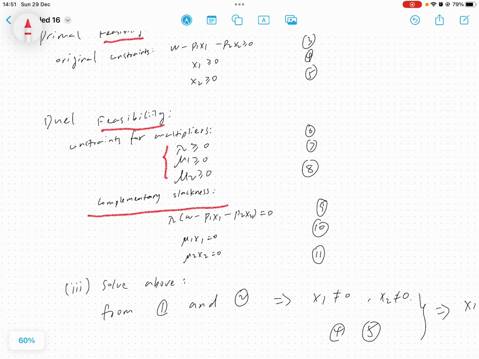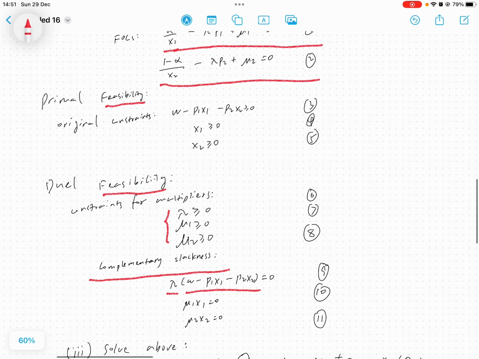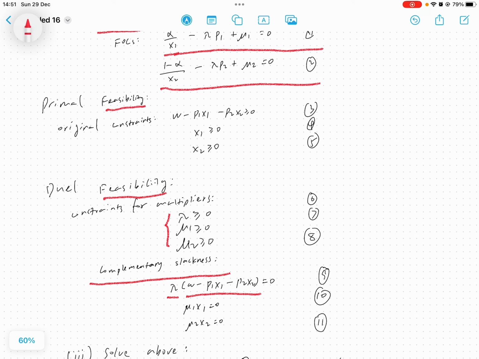If you want to have a further look at the theory of the Kuhn-Tucker conditions, or why we need those conditions, you might search for some information on that. Here we won't explain too much about that, but the intuition of complementary slackness is that we multiply those multipliers with the part in those primal feasibility constraints.